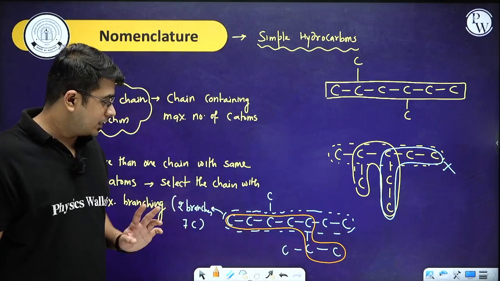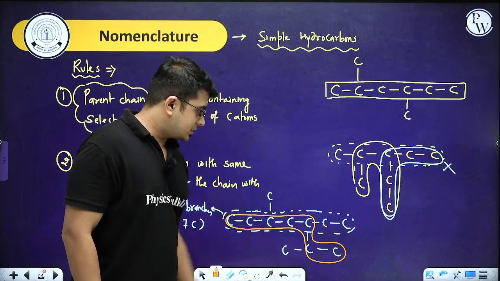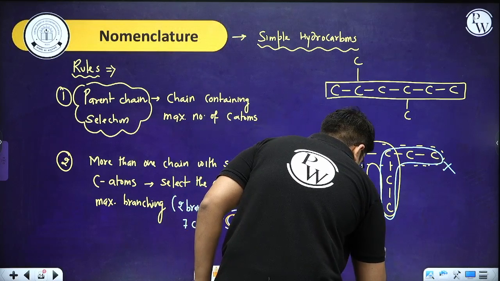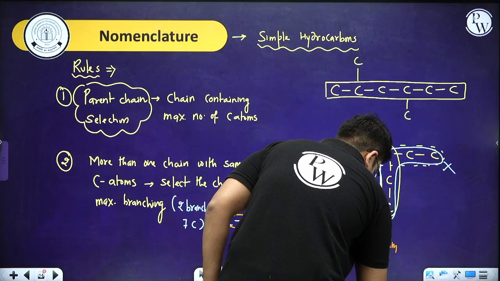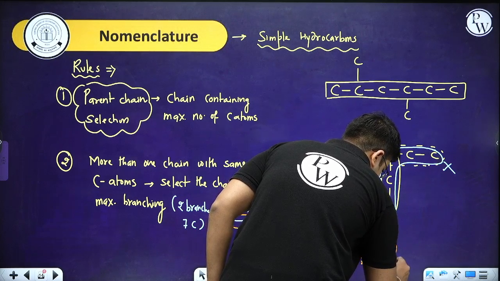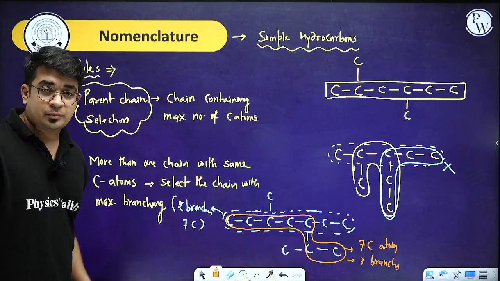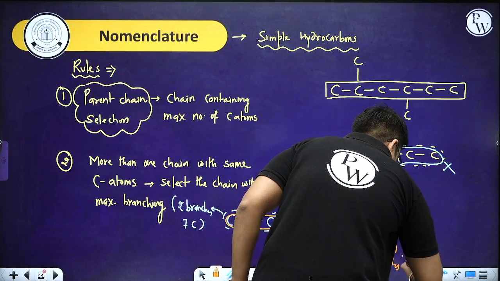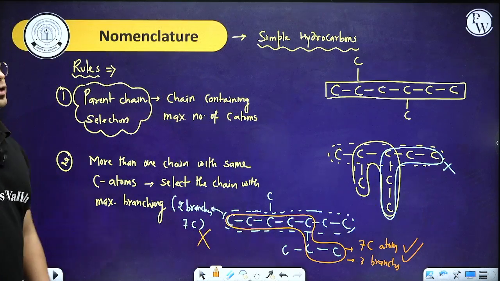Again 7 carbon atoms, but in this case you can see one branch is there, one branch is there, and one branch is there. So in this case, again we have 7 carbon atoms, but now we have 3 branches. So I'm going to give the preference to that particular parent chain which contains maximum number of branches. So that will be the preference. That is not going to be the preference. Okay. I hope this part is clear.